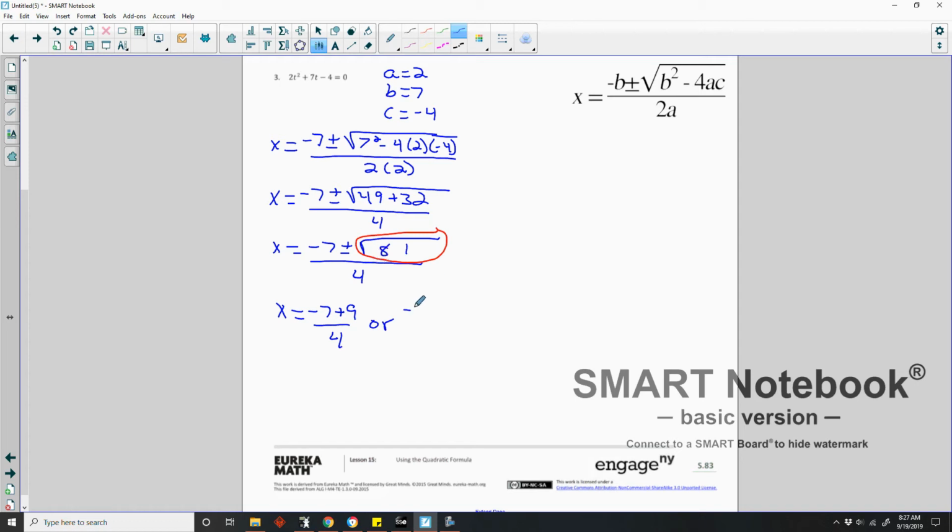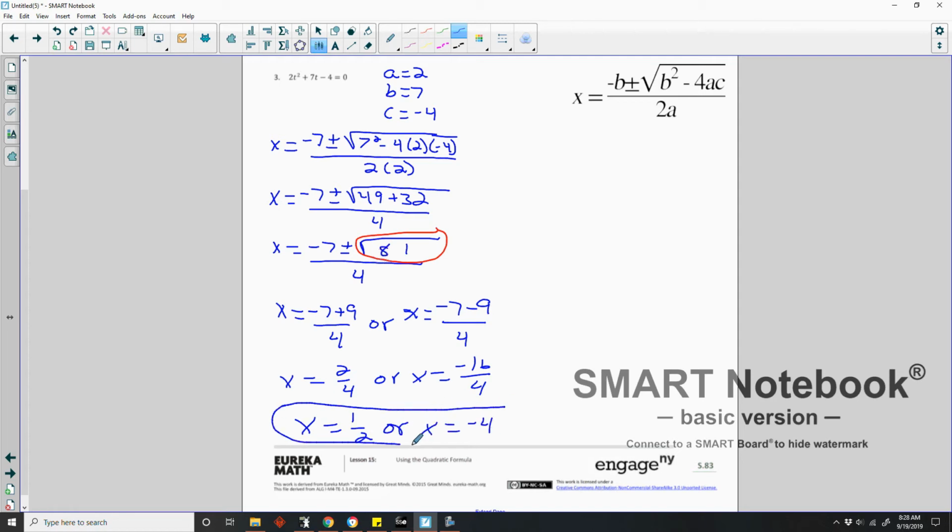Or, I'm just going to split it here. x equals negative 7 minus 9 over 4. Simplify. That'd be 2 over 4. Or x equals negative 16 over 4. So x equals a half, or x equals negative 4.